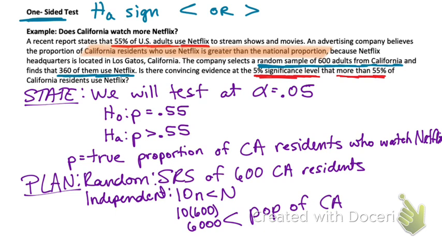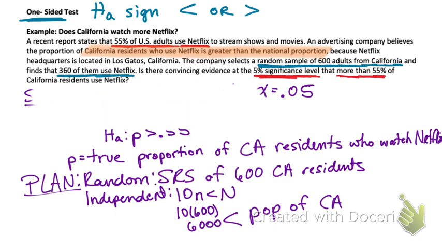I mean, maybe slightly. Just slightly. Random, independent, yes, sir. Anything else that we need to do for plan? Oh, we need to check the normal condition. All right, I'm going to go ahead and erase this because I need to do the normal condition.